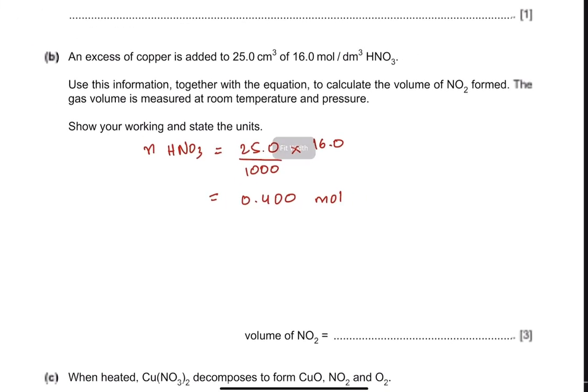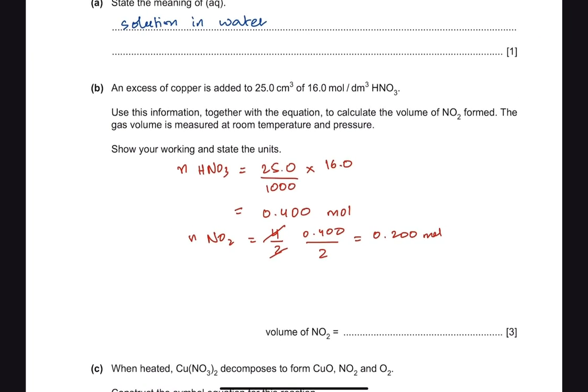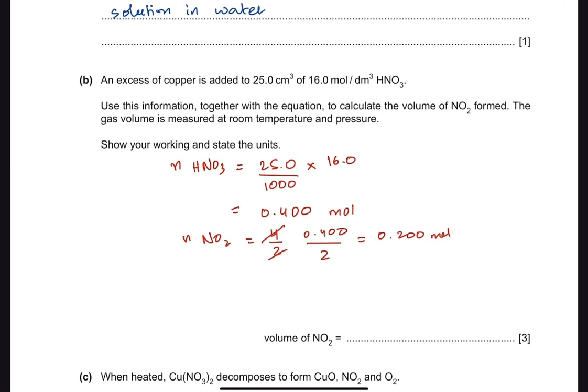How many moles of nitrogen dioxide gas do I get? So ratio was 4:2, right? Using this, 0.400 divided by 2 is equal to 0.200 mole. Using the ratio, I get 0.200 mole nitrogen dioxide gas.